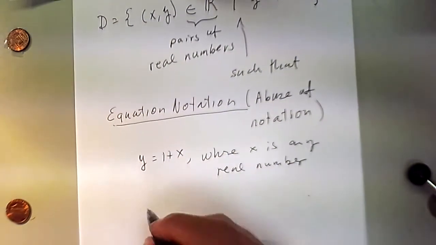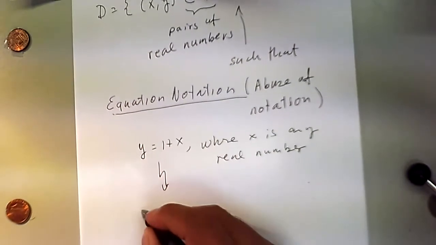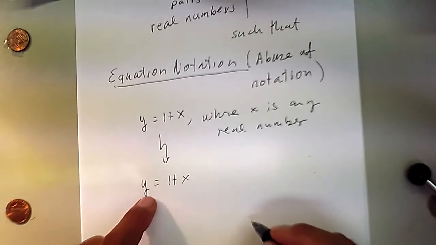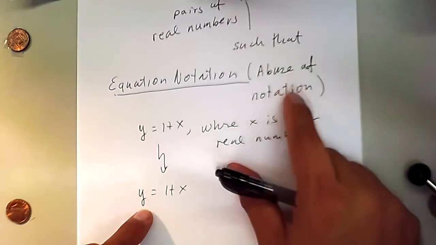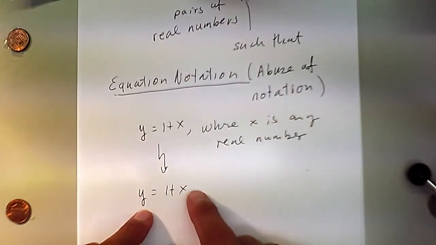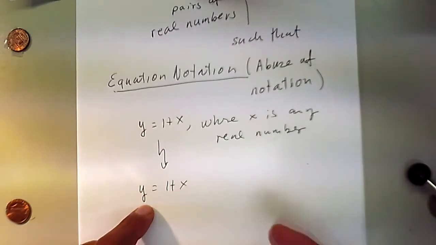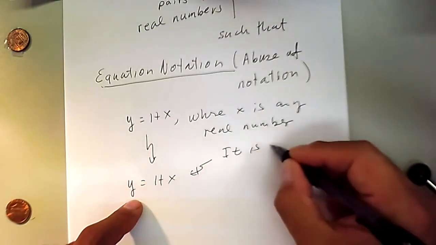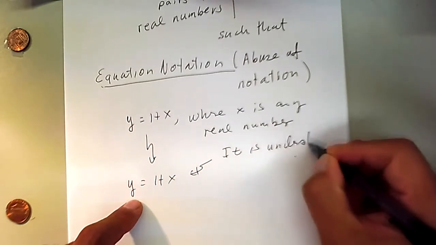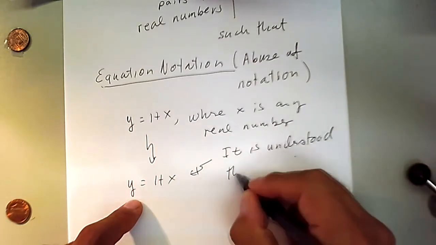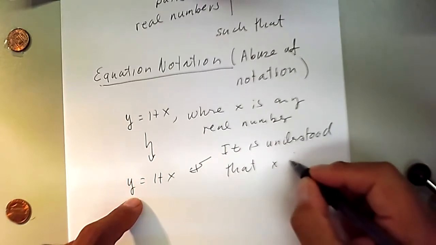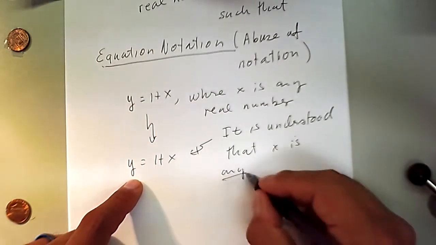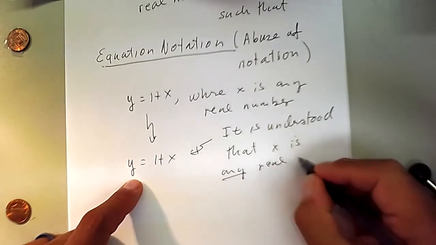So y equals 1 plus x represents a function. It is a little bit of abuse of notation, because really we're not even writing what x is, but in this case, it is understood that x is any, and we mean any, real number.